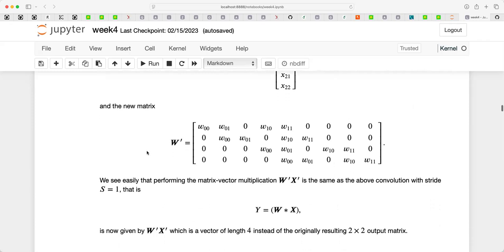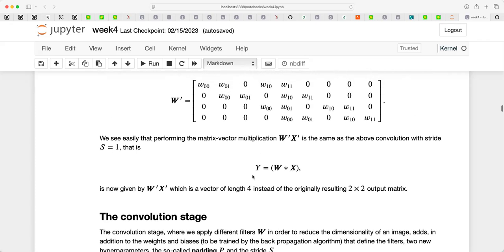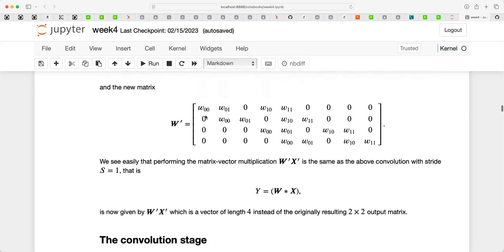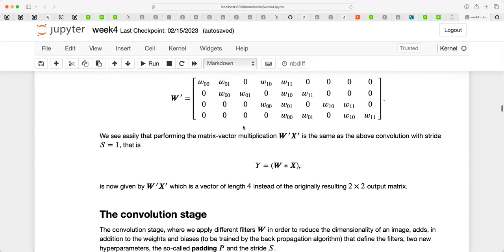In that case, you can rewrite everything in terms of a matrix W times a vector X. When you perform the multiplication, a matrix of dimension 4 times n times a vector of length n gives you obviously a vector of length 4.